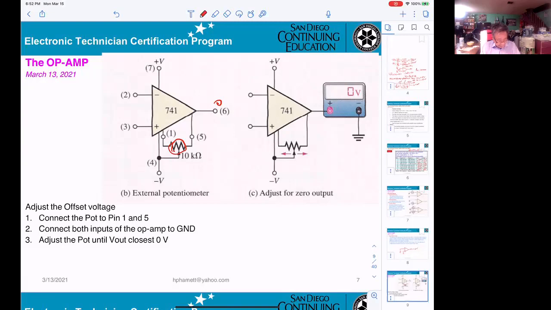Adjust offset voltage: connect the pot to pin 1, pin 5. Connect both inputs to the ground. Adjust the pot until Vout is close to 0. Sometimes you cannot get exact 0, but it can go down to 1 millivolt or microvolt. That is good enough.